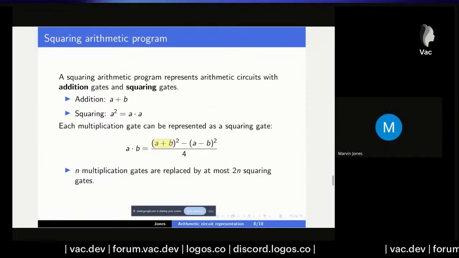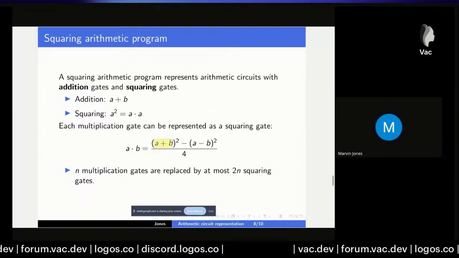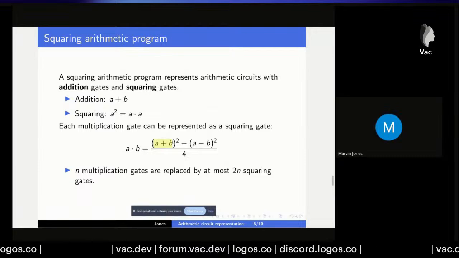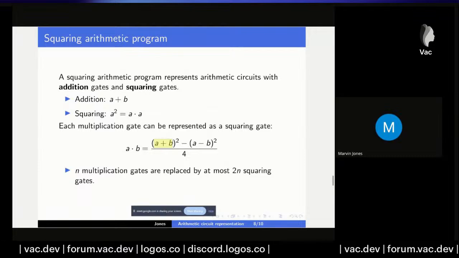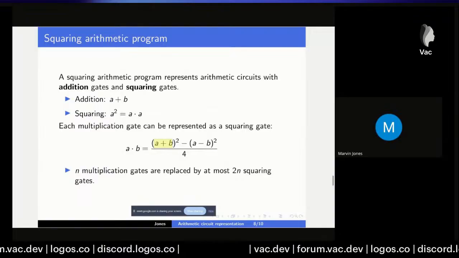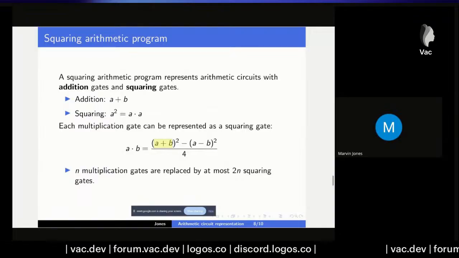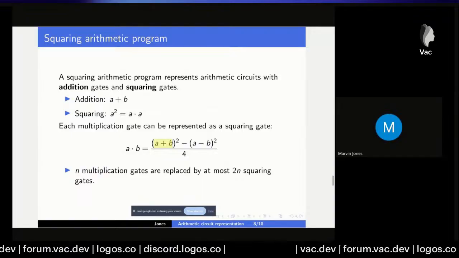It's briefly mentioned in Groth16 as a throwaway line that you could use squaring gates instead. Not formally mentioned, but it's mentioned. So squaring arithmetic programs aren't formally introduced, but it's mentioned you could do it.